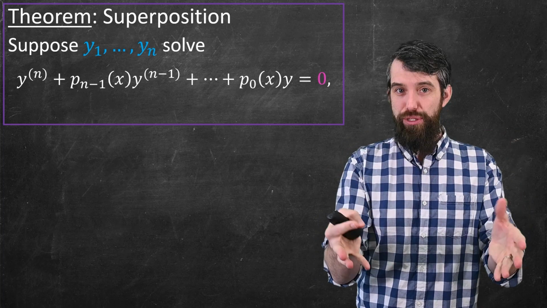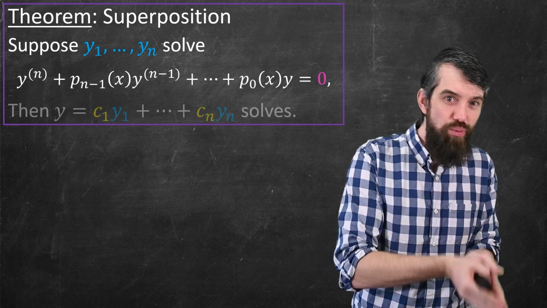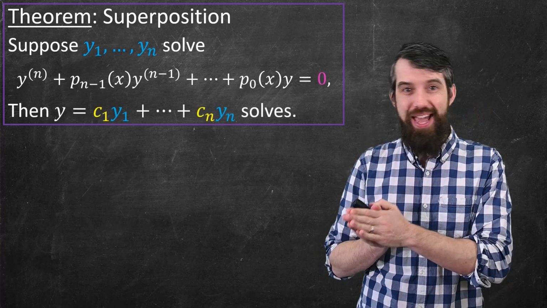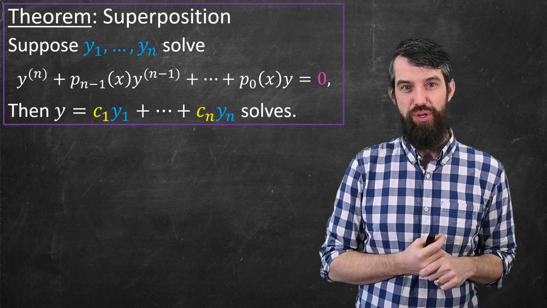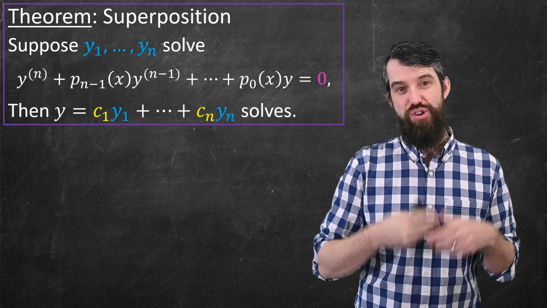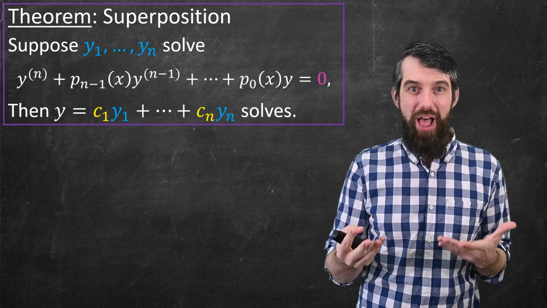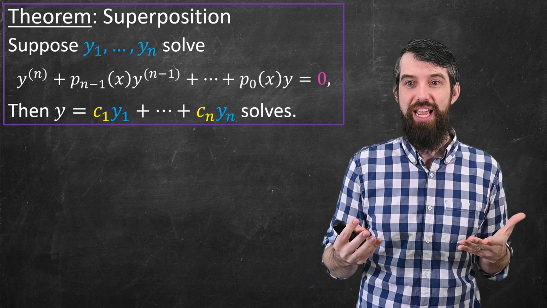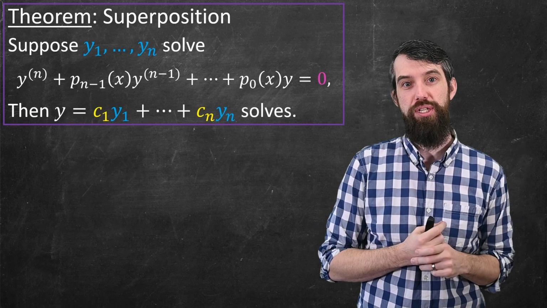If you found n solutions, you could take any linear combination of those, c1 y1 up to cn yn, any linear combination that you wish, and that also solves the differential equation. The basic idea is that since my equation is linear, and derivatives are linear operators, then this all just plays really well with taking a linear combination. Everything works together. So you find any solutions, linear combinations of them are also solutions.